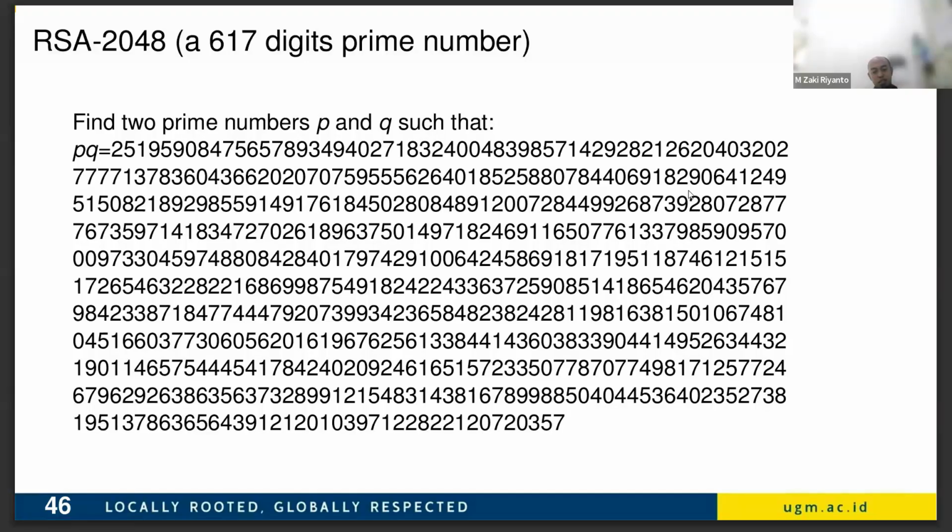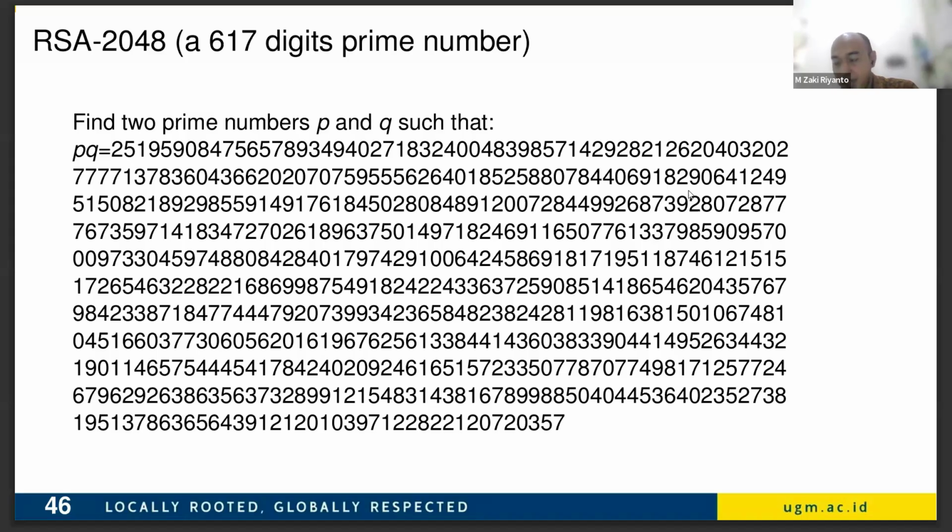Actually, this big integer is a multiplication of two primes, P and Q, and we just want to know what the values of P and Q, the two prime numbers, are.